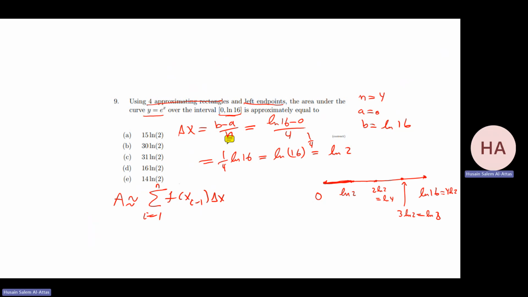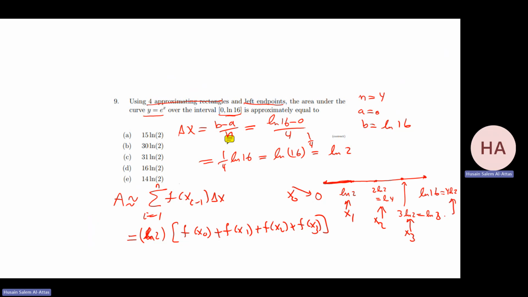So now this is delta x, which is ln 2, times f of x0 plus f of x1 plus f of x2 plus f of x3. By the way, this is x0, this is x1, this is x2, this is x3, this is x4. I don't need x4 since I'm doing left endpoint.